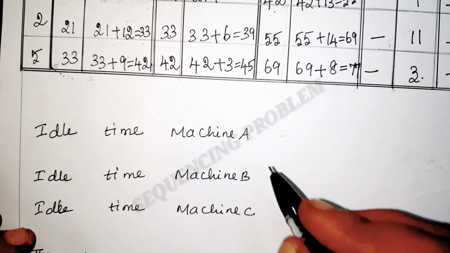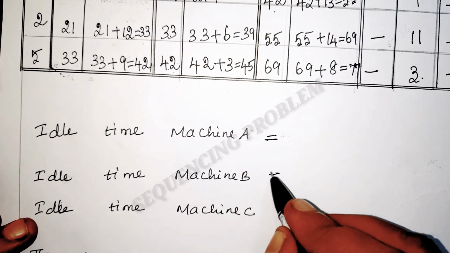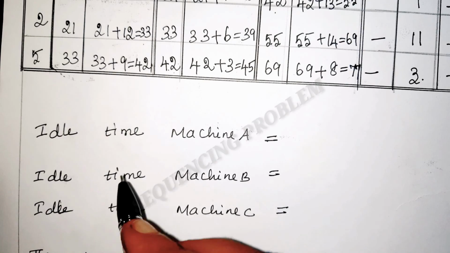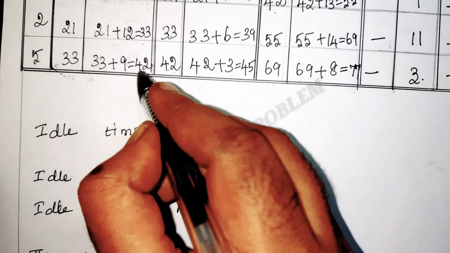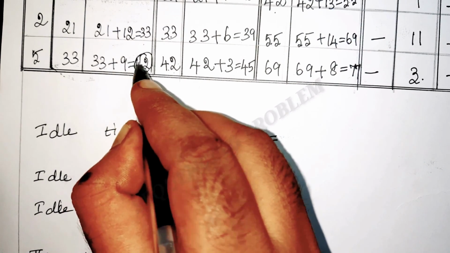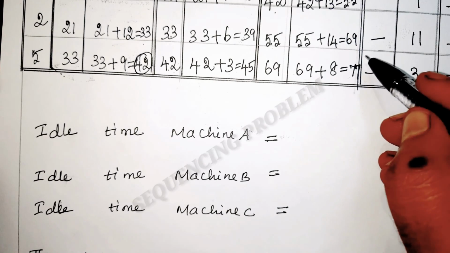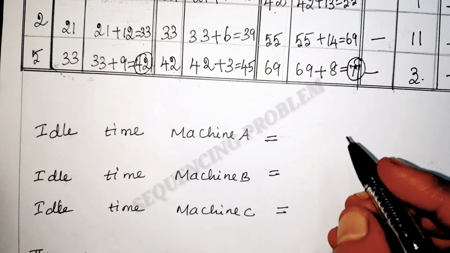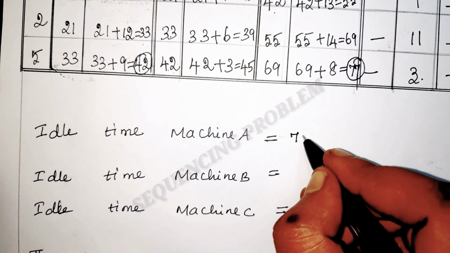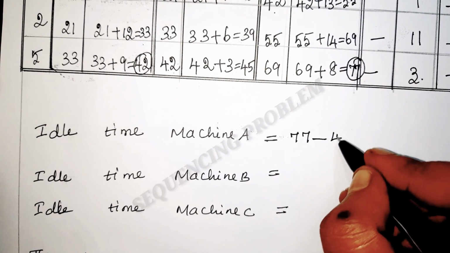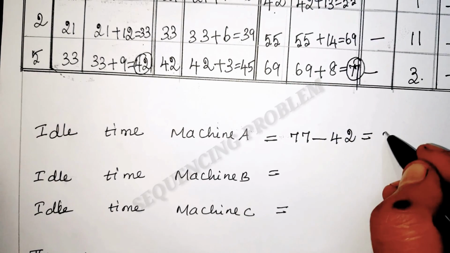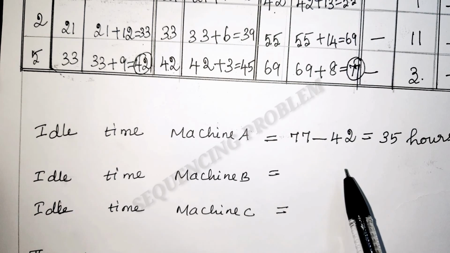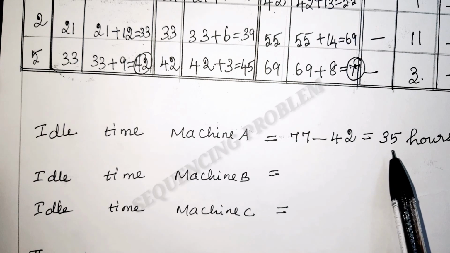Now we have to write the idle time for machine A, machine B and machine C. Machine A completes the work at the 42nd hour. The total completion time is 77. So for machine A, the idle time is 77 minus 42, that is 35 hours. The machine A idle time is 35 hours.